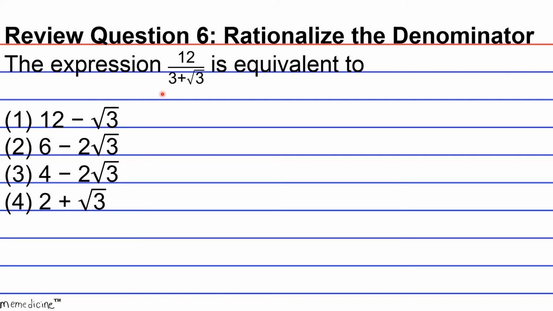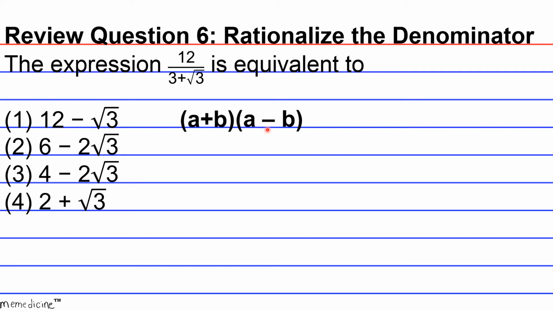Binomials of the form a plus b, which is what we have here, and a minus b are conjugates of each other, meaning the addition and subtraction operations separating the two monomial terms are different, or inverses.